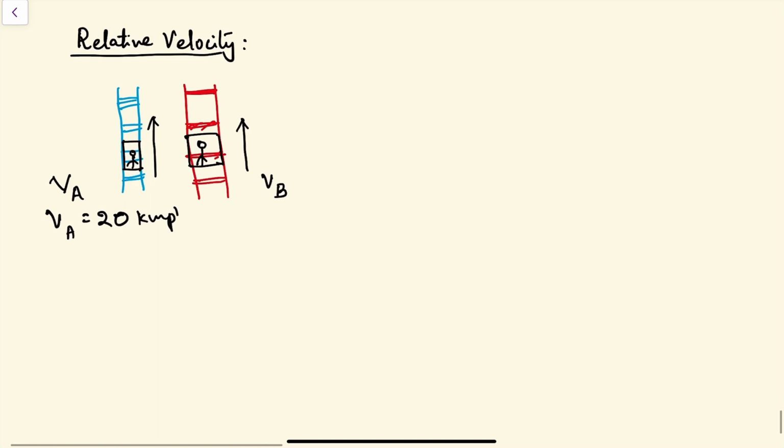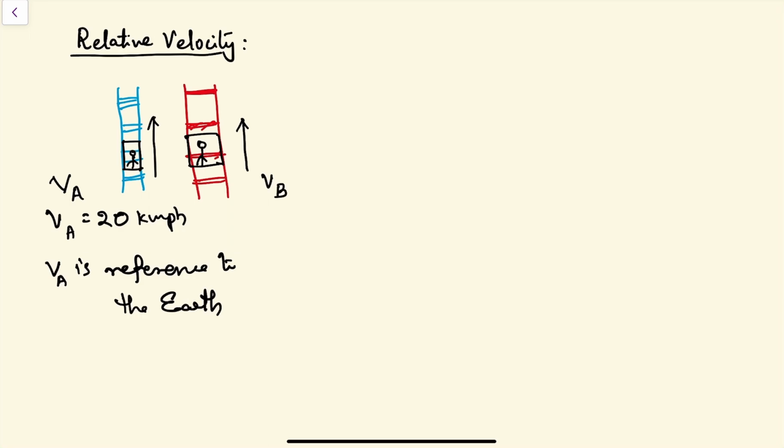kmph, what is the meaning of 20 kmph? The velocity of A is with reference to the earth, which is at rest. See, the velocity of B is also there.